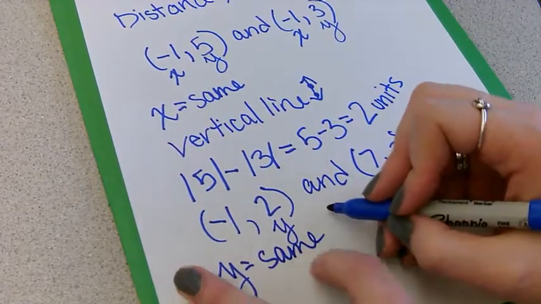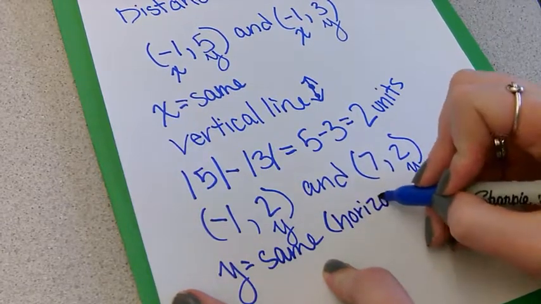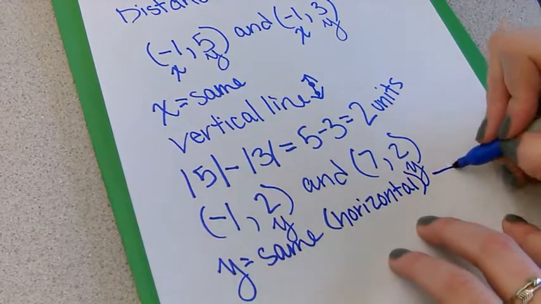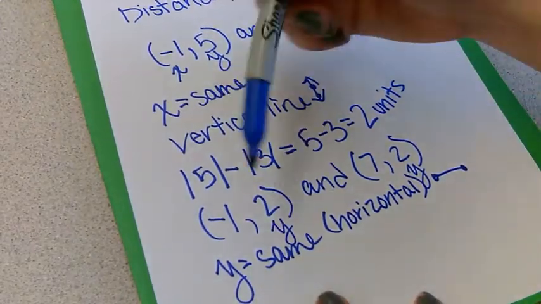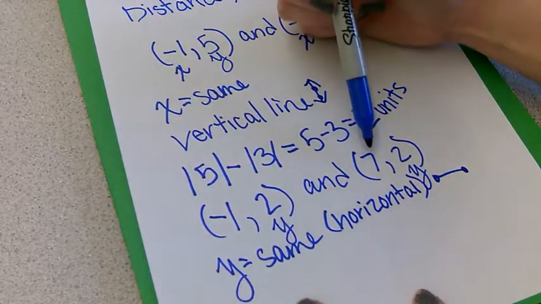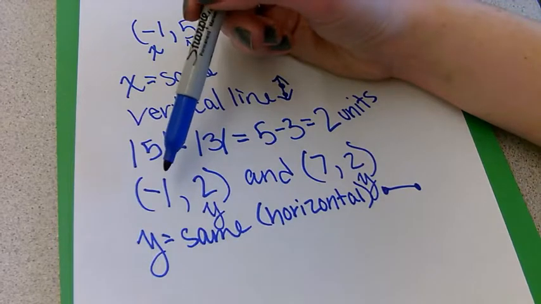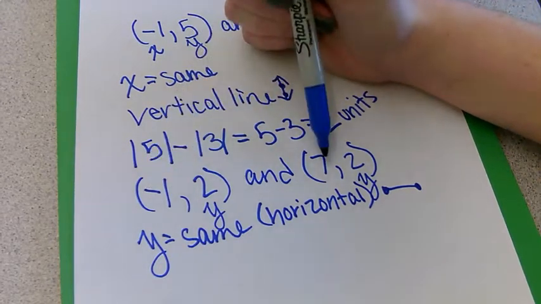That means we have a horizontal segment. And then our x's are different, and they are on different sides of 0, because the negative is on the left side and the positive is on the right side.